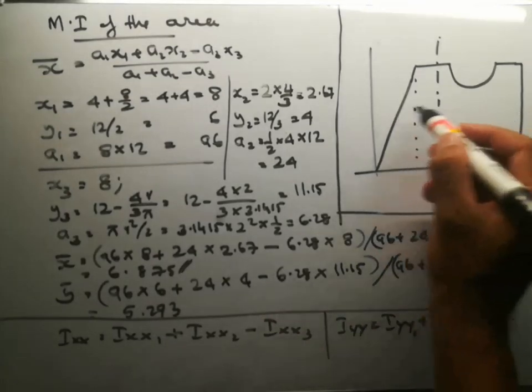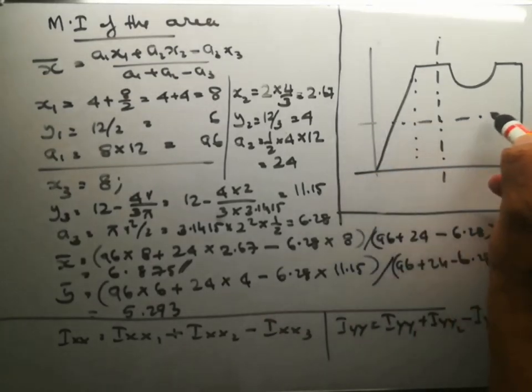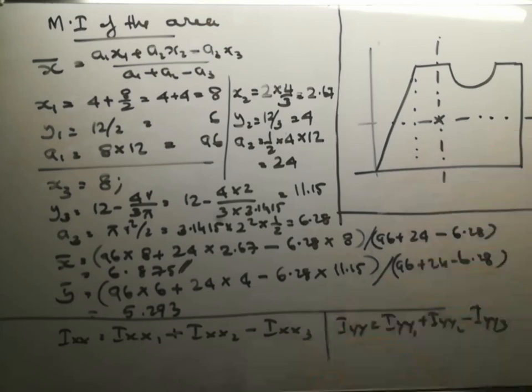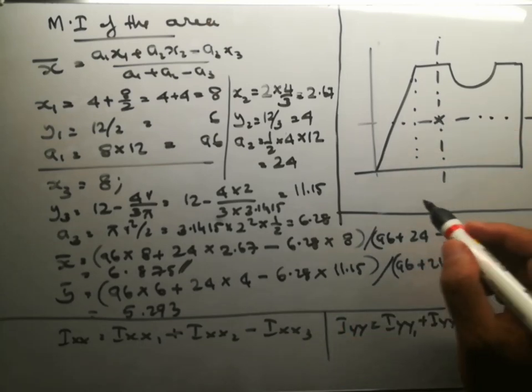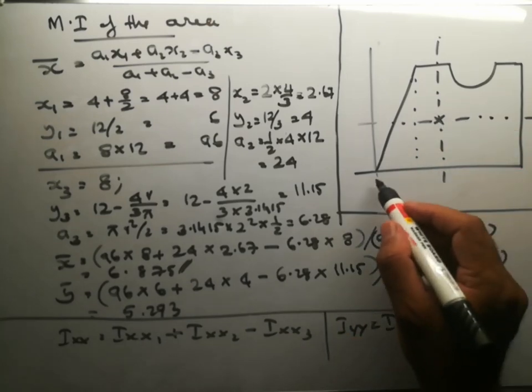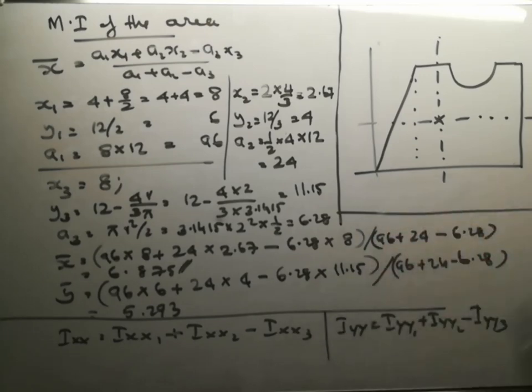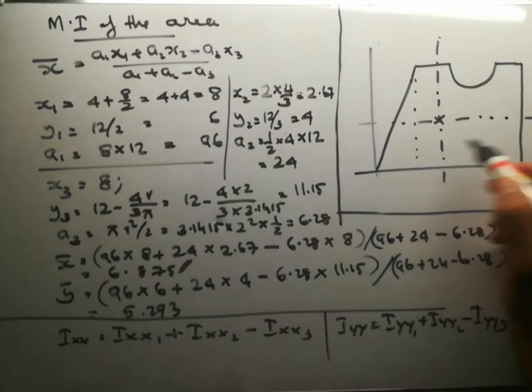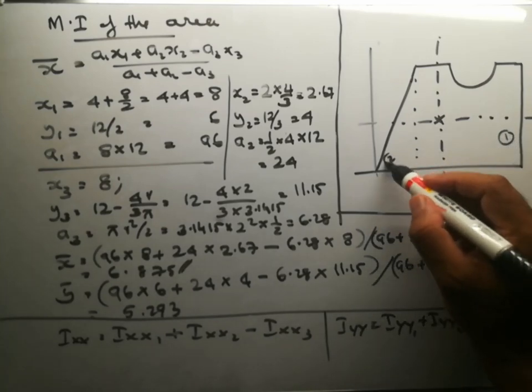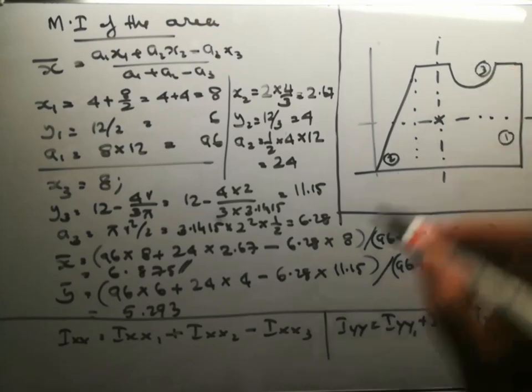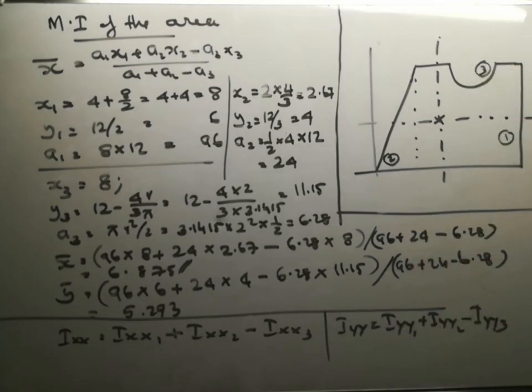So here it will be 6, so it will be somewhere here. This is G. Now this is 1, this is 2, this is 3. Okay, now Ixx1 is equal to, what is Ixx1?